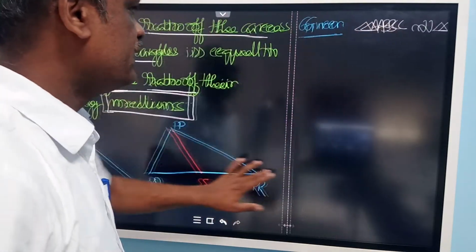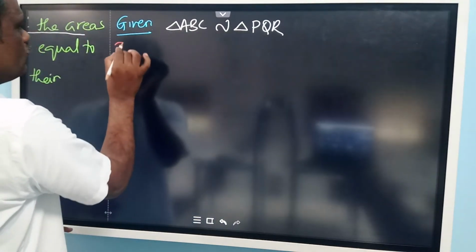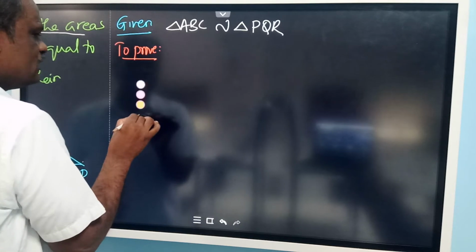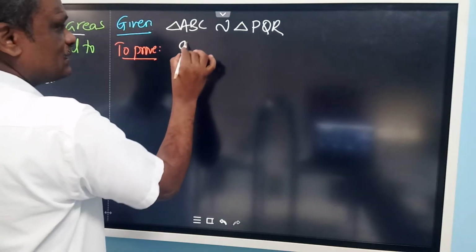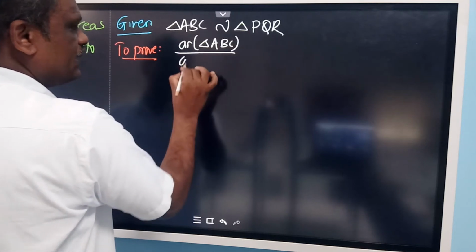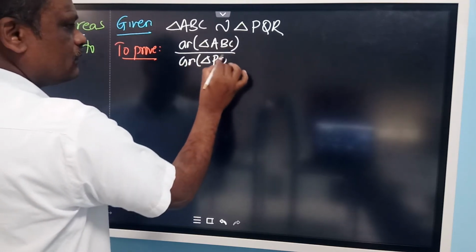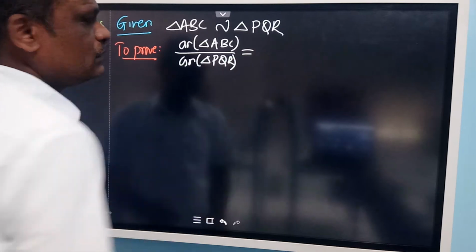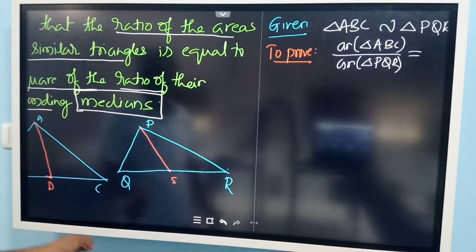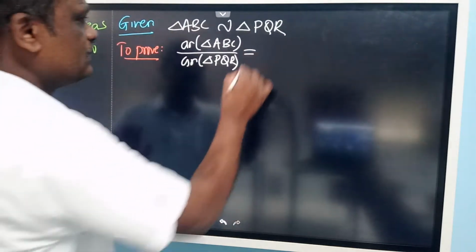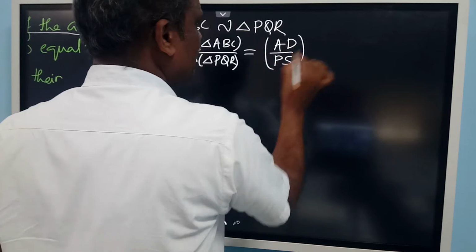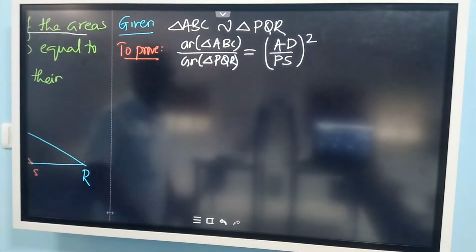Now we need to prove that area of triangle ABC divided by area of triangle PQR is equal to the square of the ratio of the corresponding medians, AD and PS. So the ratio of these medians AD and PS, and its square.